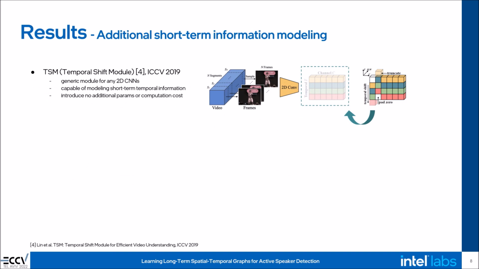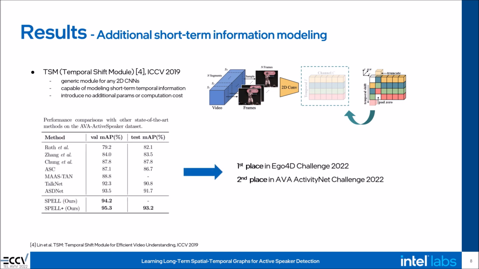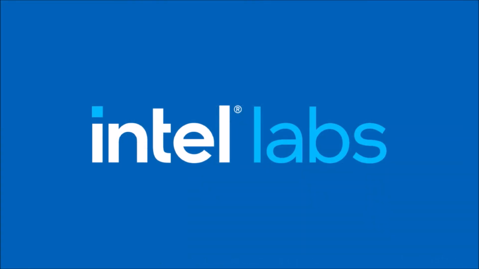Instead of using complex 3D CNNs, we improved the performance of the feature encoding stage by using a technique called TSM that provides supplementary short-term temporal information without introducing any additional parameters nor computation cost. By using a 2D ResNet architecture augmented with TSM, we could improve the final performance a lot and achieved state-of-the-art performance. That concludes my presentation.